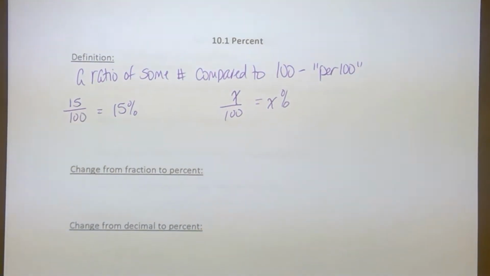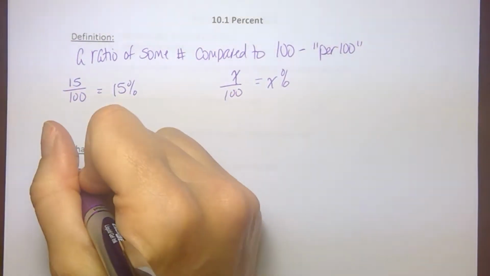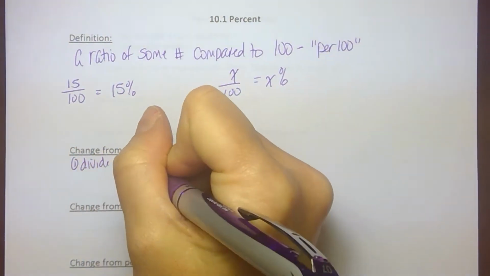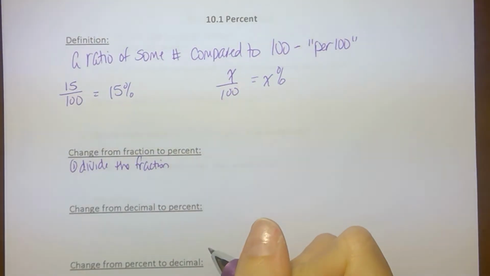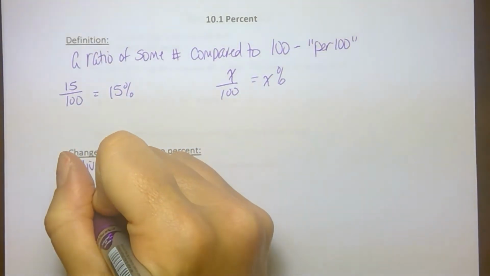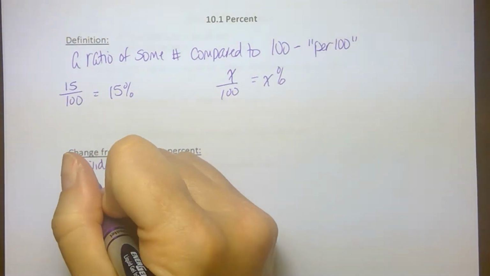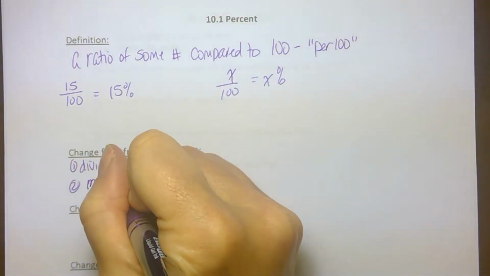Okay, to switch back and forth from a fraction to a percent, you're going to divide the fraction first. Remember that a fraction bar is just a division symbol. So if I want to change from a fraction to a percent, I'm going to divide the fraction, and then I multiply that by 100%, basically. I multiply by 100 and add that percentage sign.